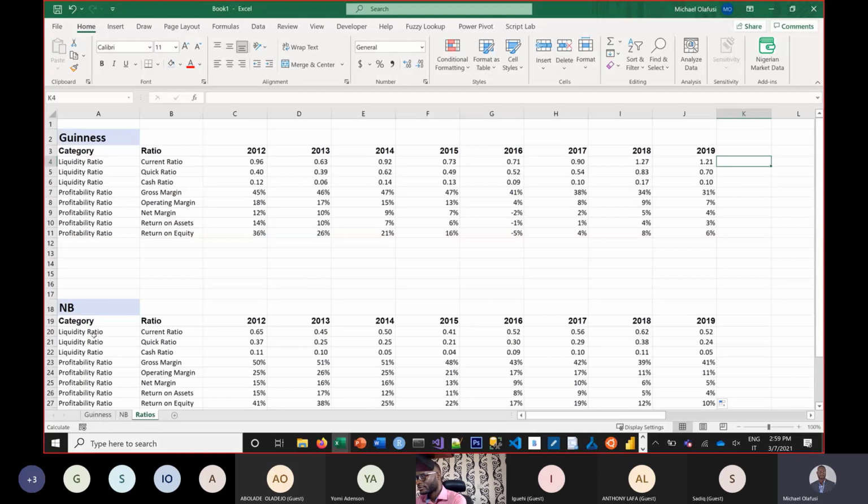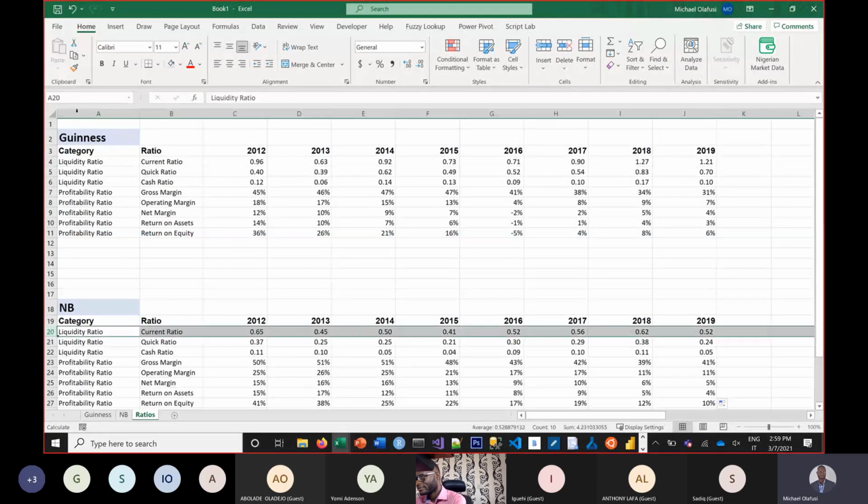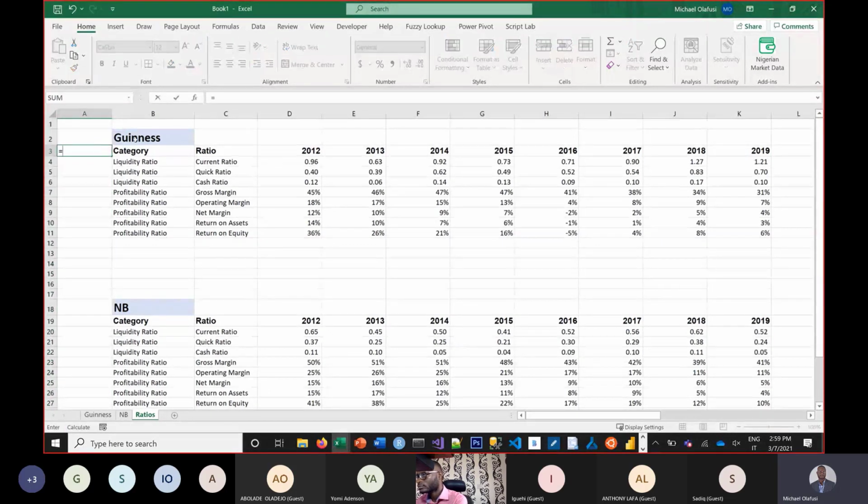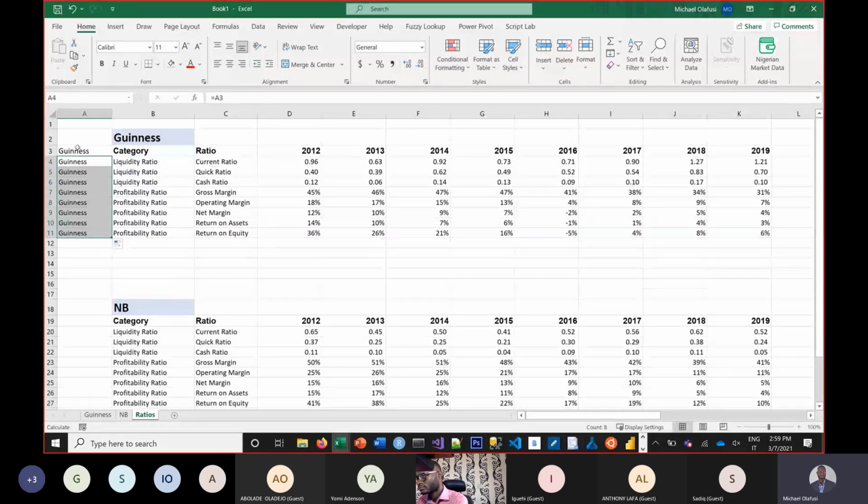What would be the best way now? If I grab this, and we compare them side by side, and we mark who is the better of the two for all the different categories.